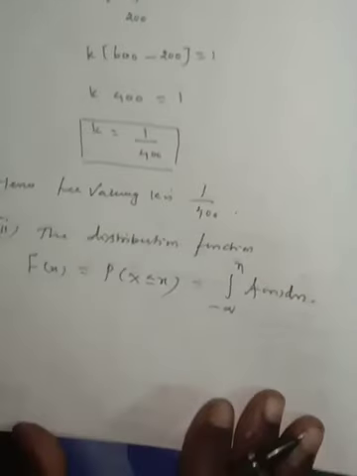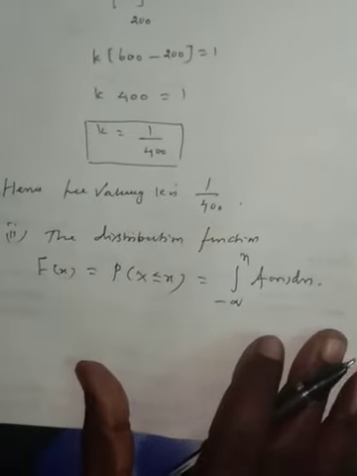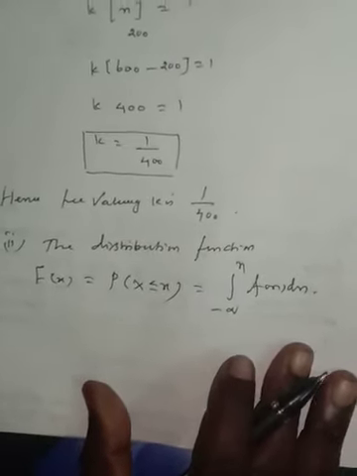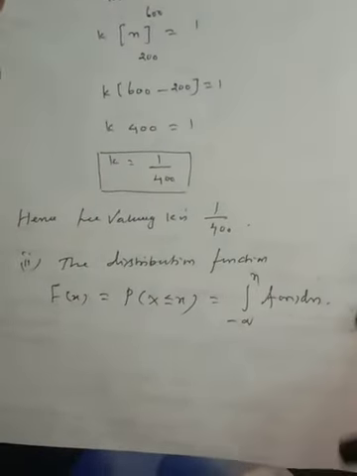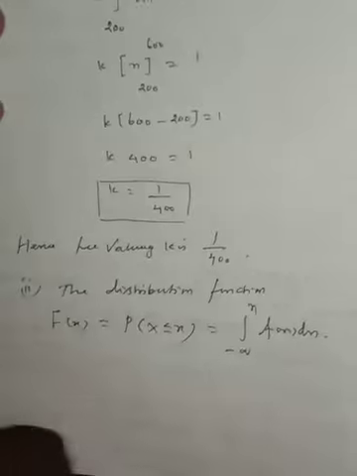There are three cases. One is x less than 200. Next one is 200 less than or equal to x less than or equal to 600. Third one is x greater than 600.